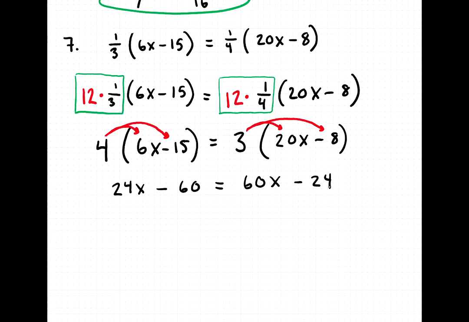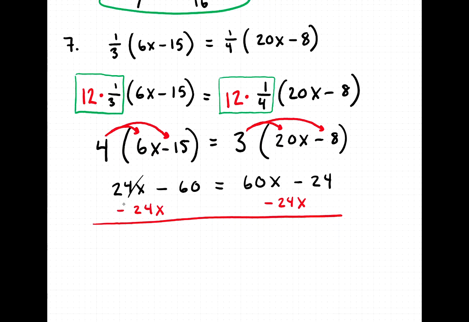It doesn't matter which side, the left or the right. I like keeping the variables on the side that there's more of. So you have 60 x's on the right, 24 x's on the left. You have more x's on the right. So I'm going to keep the x's on the right, which means I want to get rid of the x's on the left. So we could subtract 24 x's from the left-hand side, subtract 24 x's from the right-hand side.